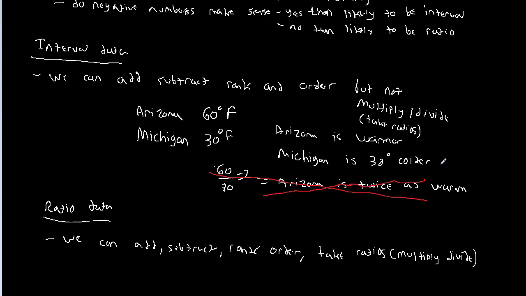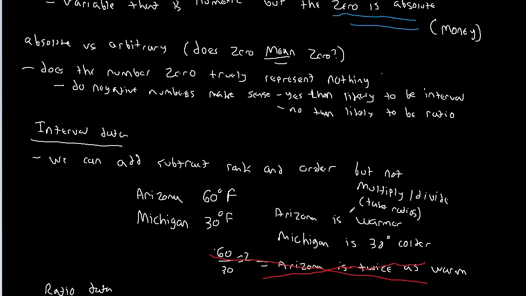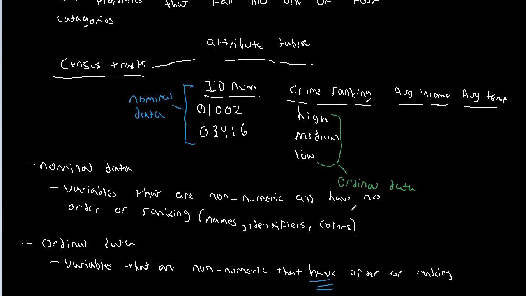So, to wrap this up, let's go back up to our example of the census tracts and talk about average income versus average temperature. Now, I've already given away the game a little bit, because we've used these two specific variables as examples. But for income, we may have one that has an average income of 53,000.